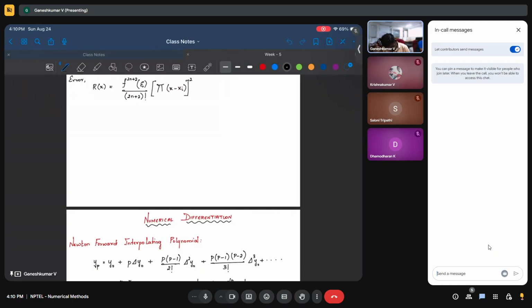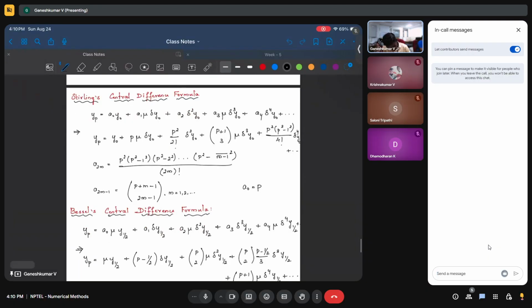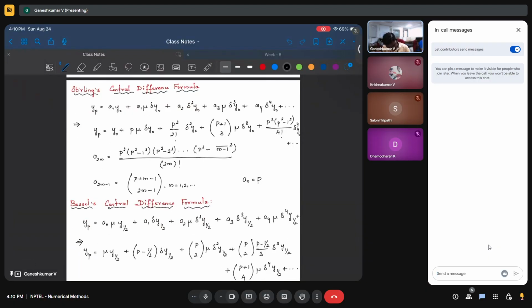So what is the interpolation formula? Stirling central difference.